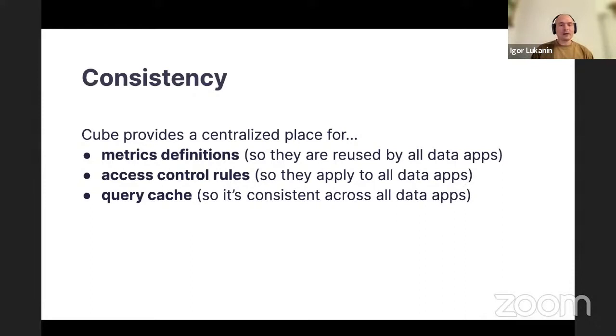And then you're also able to define your access control rules in code, and those rules will be applied and enforced on all incoming queries, queries coming from any data app out there. So you'll get consistent access control to your data, and you're also able to declaratively, when needed, define some caching settings, and Cube will apply them to all incoming queries as well.